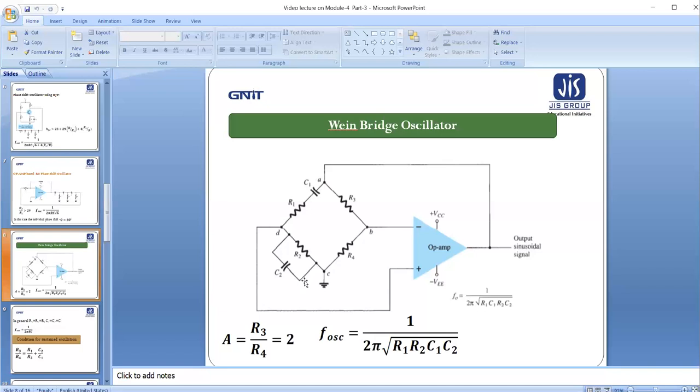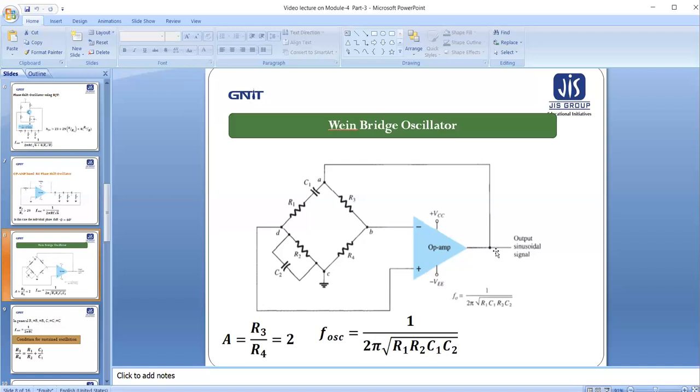So the net phase shift at this point will be 0, because this will produce a minus 90 degree phase, this will produce a plus 90 degree, so they will cancel out. So the total phase shift will be 0 degree. So when it is 0 degree, again due to this non-inverting mode, it will produce a 0 degree phase shifted signal.